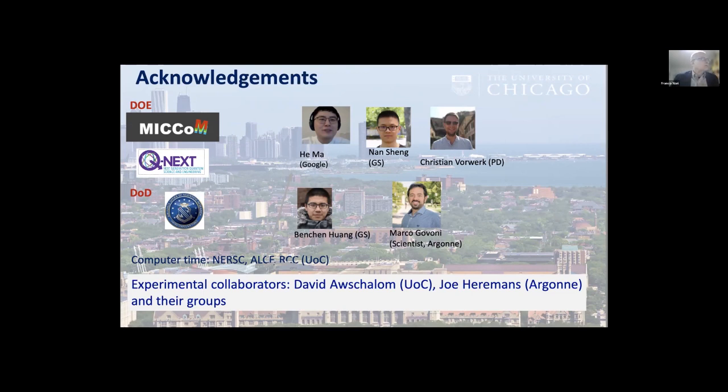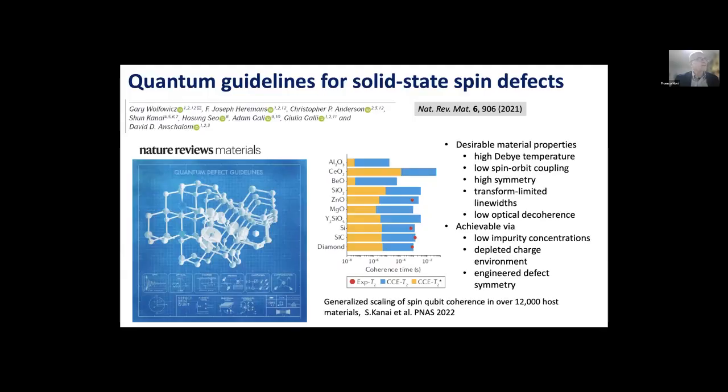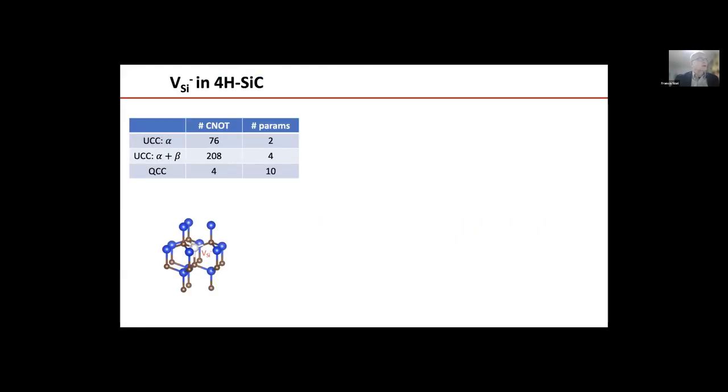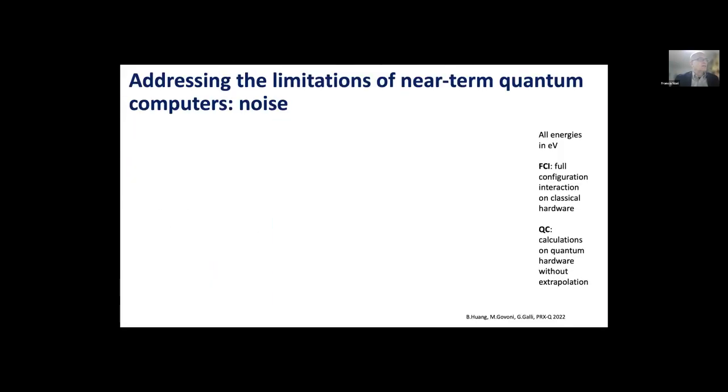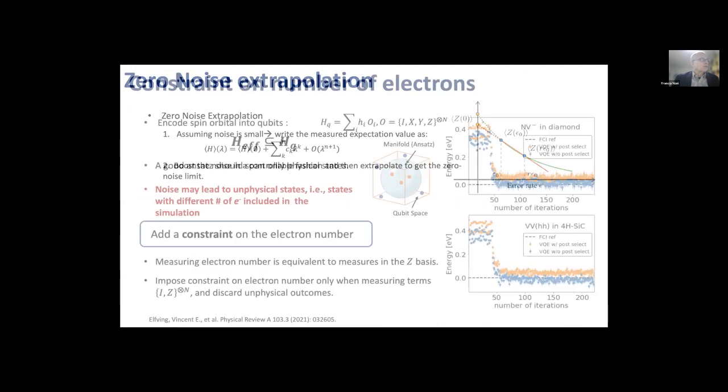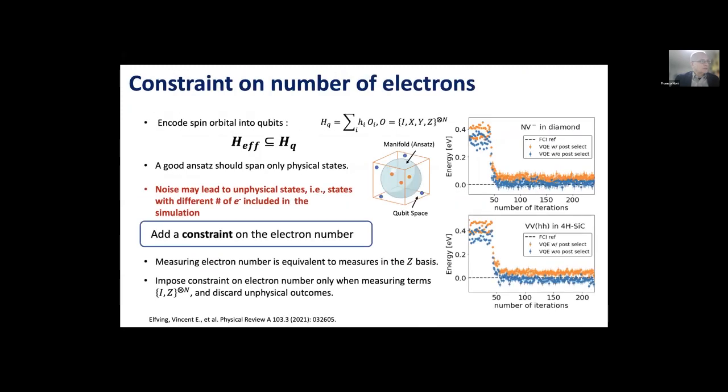I would like to focus on the results on the constraint on the number of electrons. So you were getting energies below the ground state, and then you had to impose a constraint to avoid going down. This reminds me of what happens with the Lamb shift.